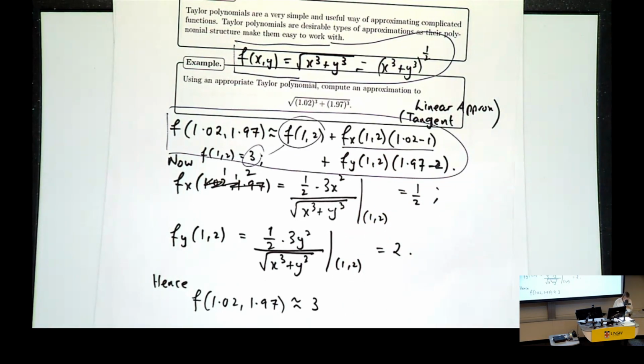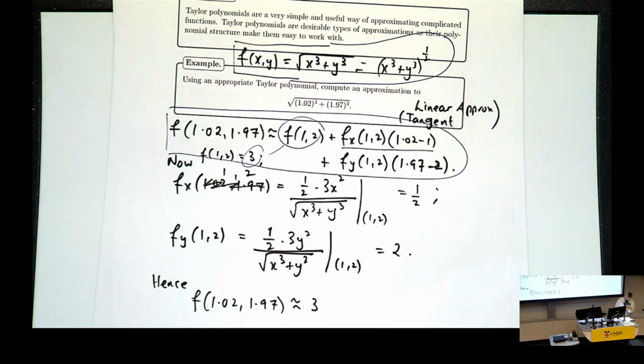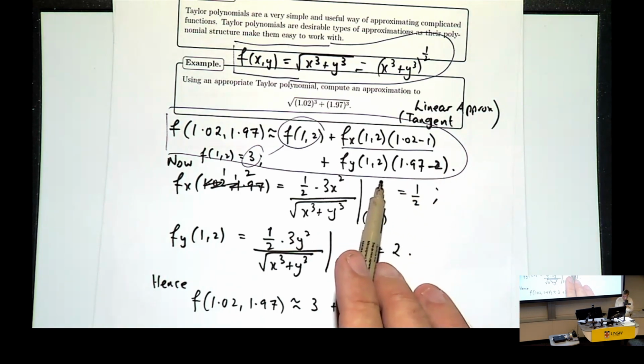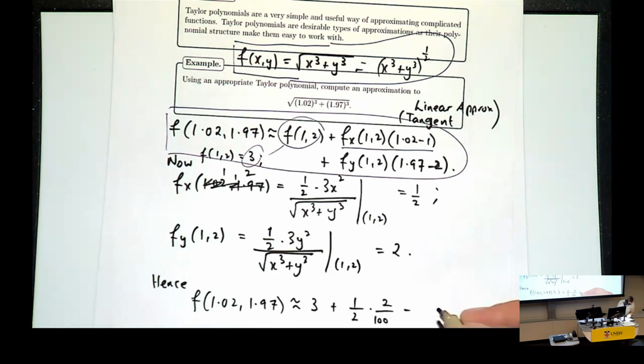This term is going to be a half times 2 100ths. And then here we're going to get 2 times negative 3 100ths.